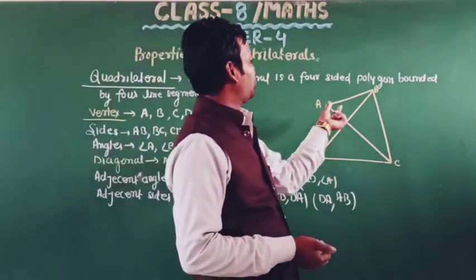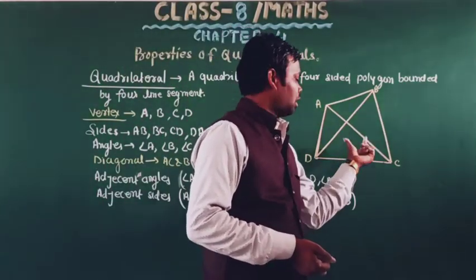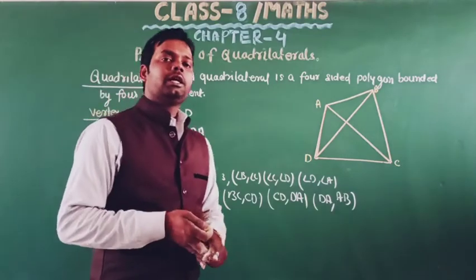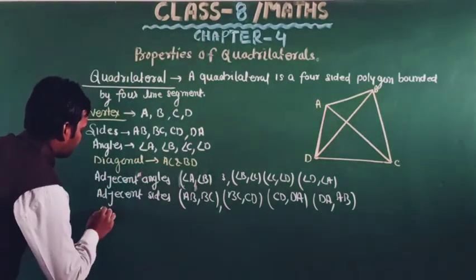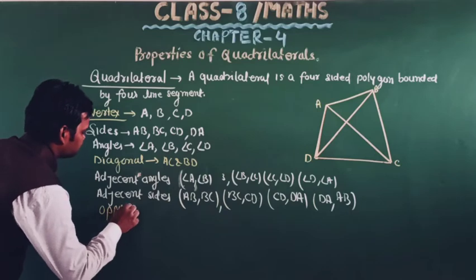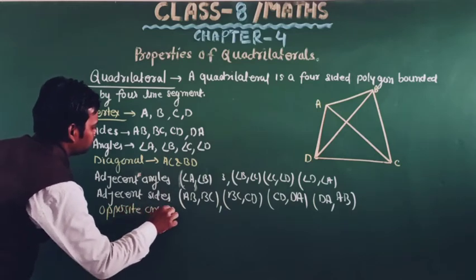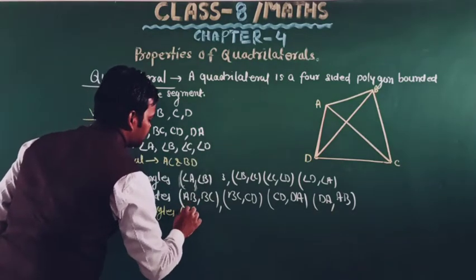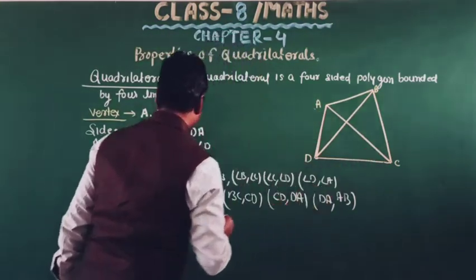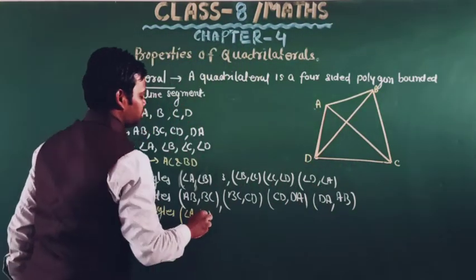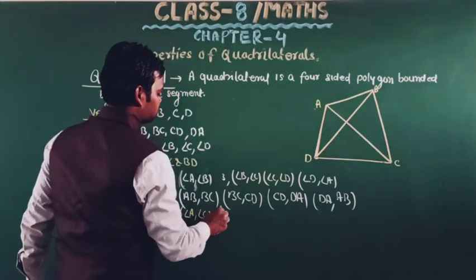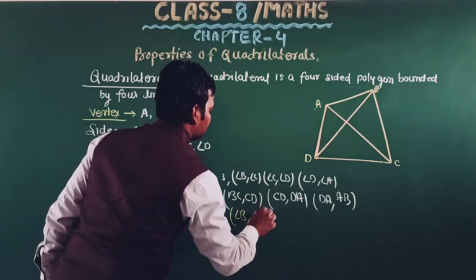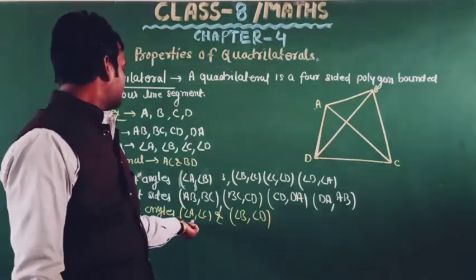A quadrilateral has two pairs of opposite angles and opposite sides, and four pairs of adjacent angles and adjacent sides. So for opposite angles, angle A is opposite to angle C, and angle B is opposite to angle D. So these are two pairs of opposite angles.